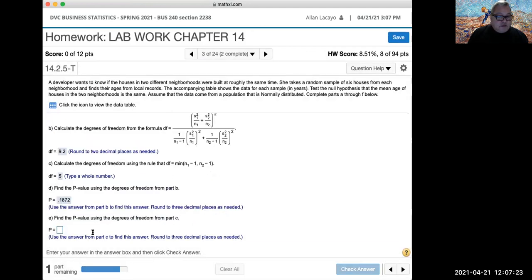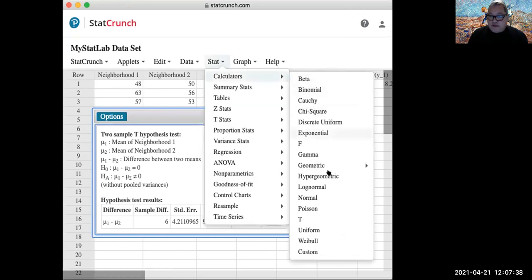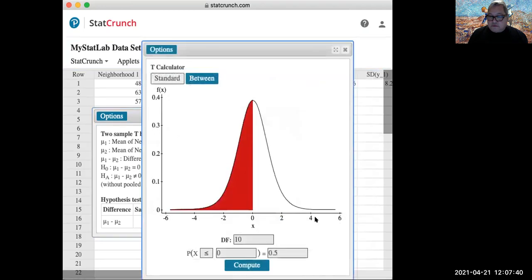If I use the p-value using the degrees of freedom from part C, I would have to go back to StatCrunch and use the T calculator with 5 degrees of freedom.